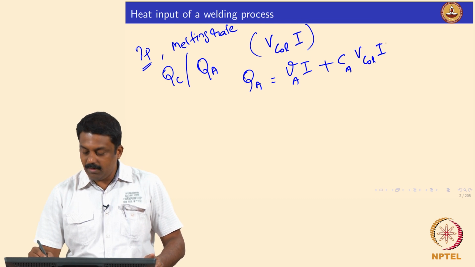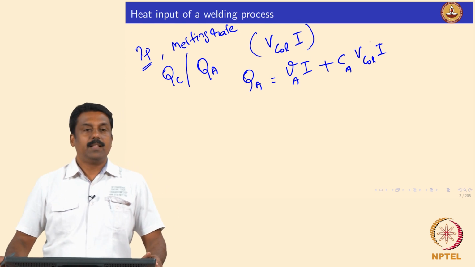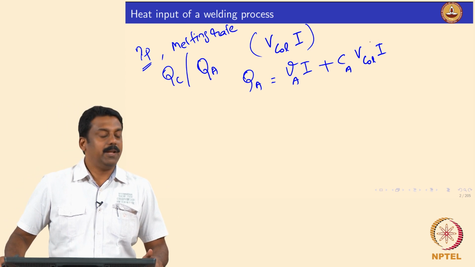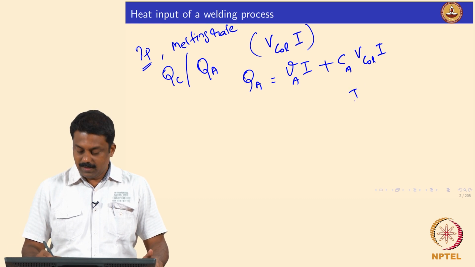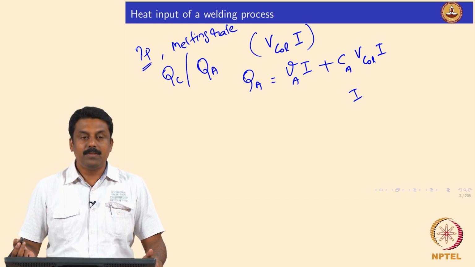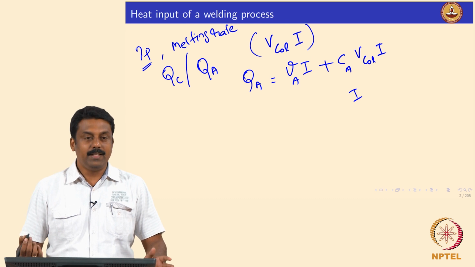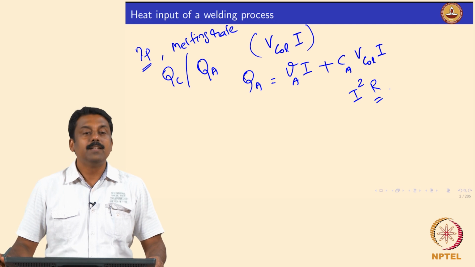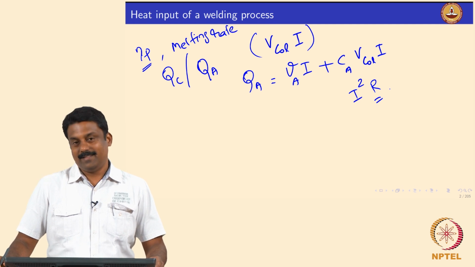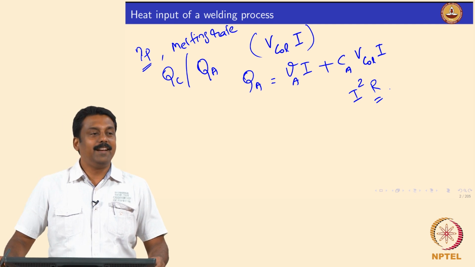And how do you calculate this value? V column times I can be written as I times V, and V equals IR, so it becomes I square R. How do you calculate R? This is the electrical resistivity of an arc.